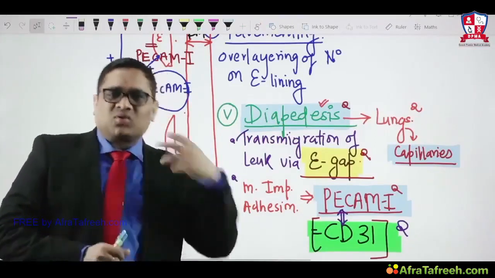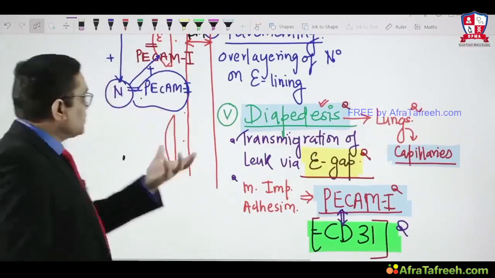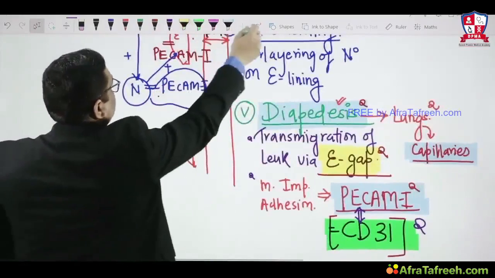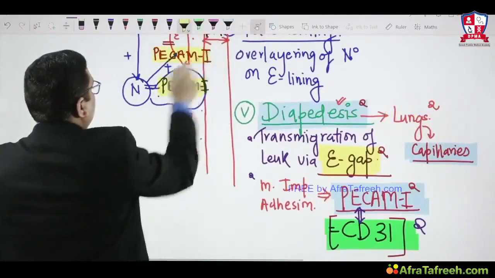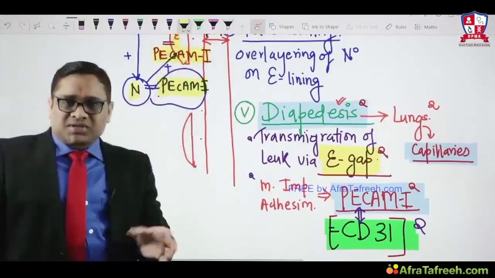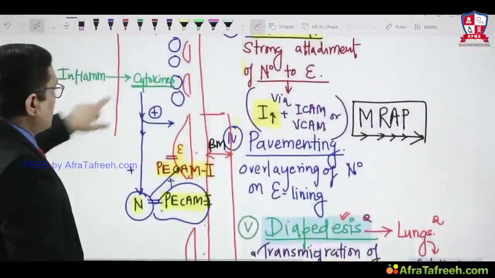Cytokine is activating. PCAM1 is an adhesion molecule. See this, it's very simple to understand. PCAM1 is a simple adhesion molecule which is expressed on both neutrophil and endothelium.